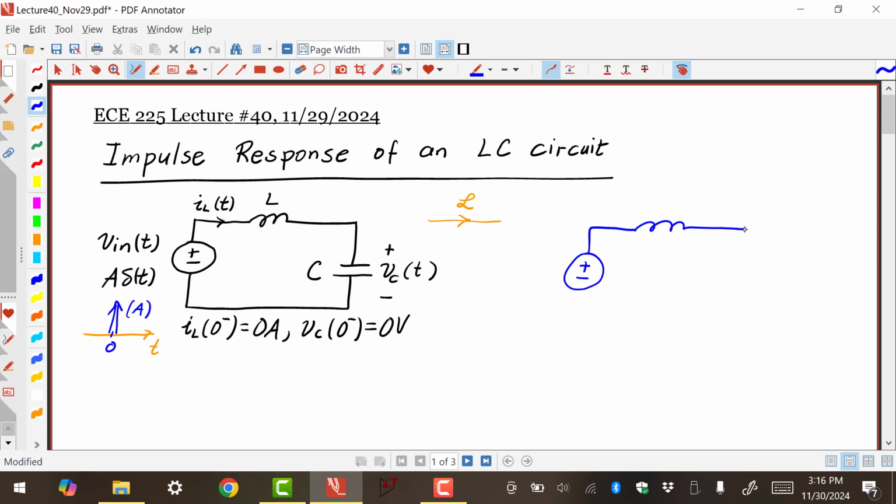Inductor here, capacitor, the value of the source is simply A, impedance is sL, this impedance is 1 over sC, and of course the primary variables of interest are going to be the inductor current and the capacitor voltage.